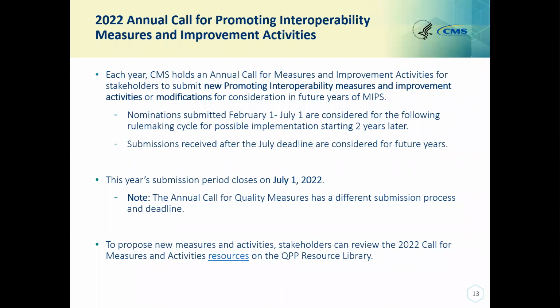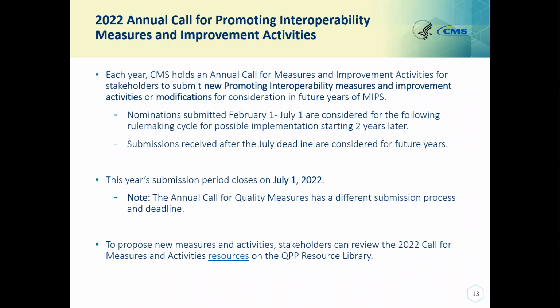Nominations can be submitted; we open February 1st, and they will be available through July 1st. So a couple more weeks here. Thank you again, Eve, with the quick link in the chat there. They're considered for the following rulemaking cycle.